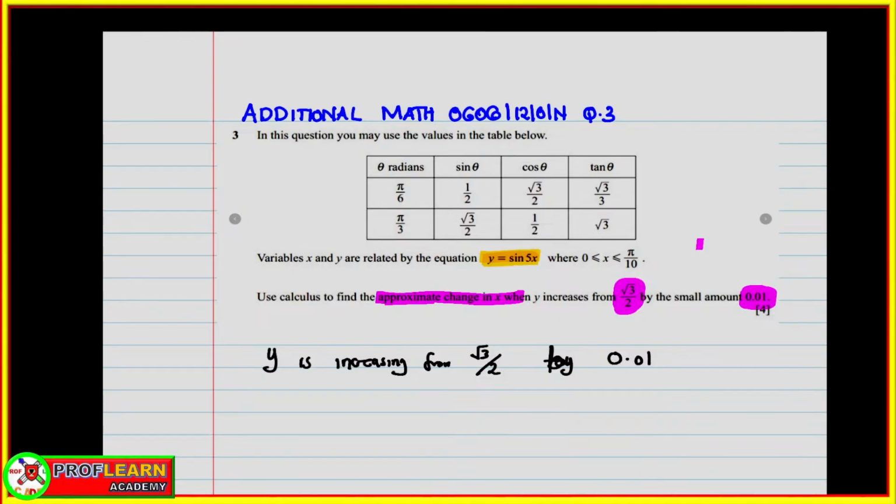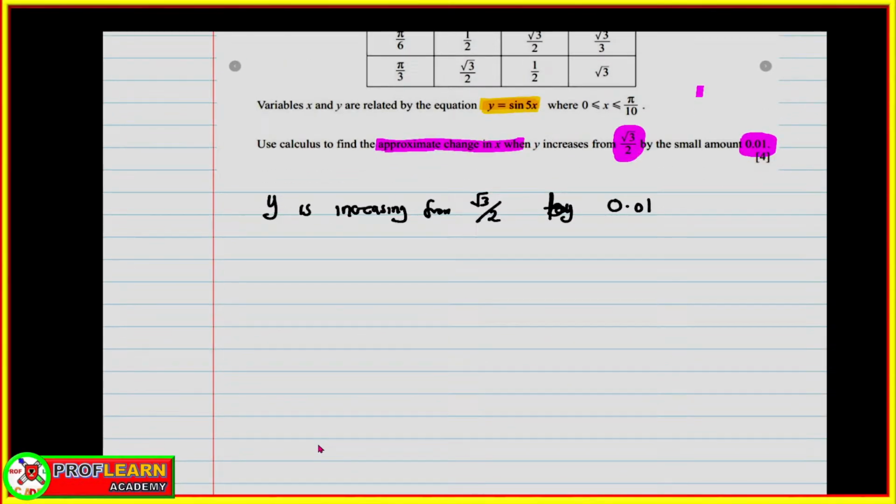And once we have identified that, we shall also use approximation by calculus, which is given by the relation, because we are trying to find an approximation: small change in y over small change in x is approximately equal to dy over dx.